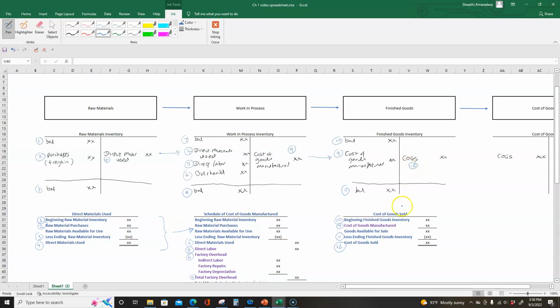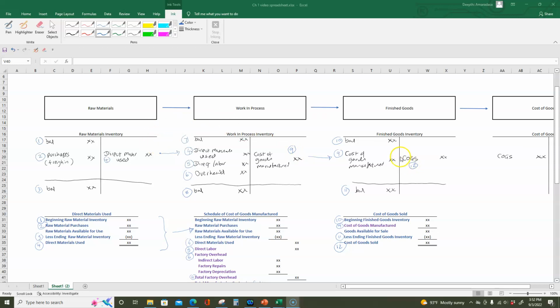We already talked about the cost of goods sold calculation when we were looking at income statements, so this should be familiar. Sometimes when you're working on homework problems, you may be required to calculate cost of goods sold. However, you'll have to calculate numbers in each of these T accounts to determine cost of goods sold.